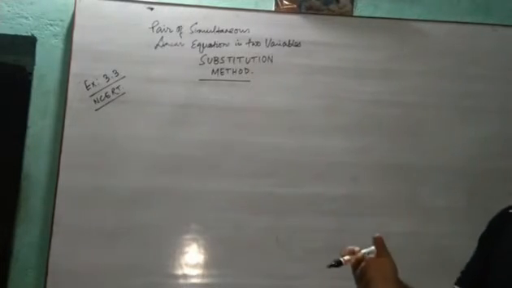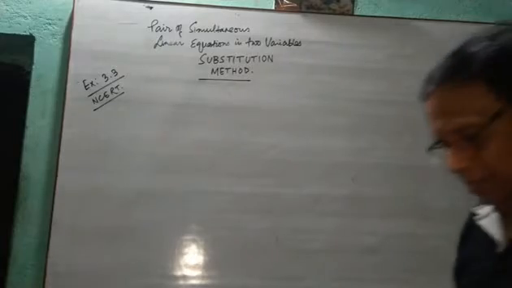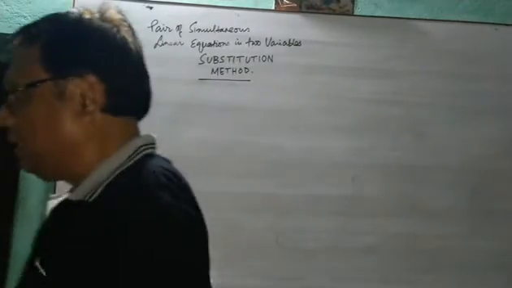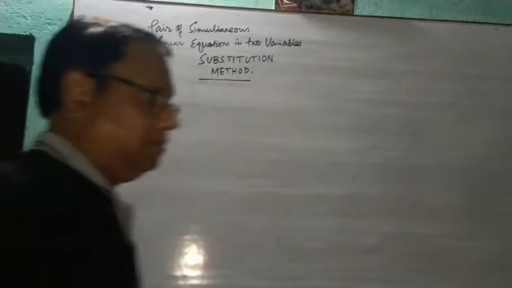I am just going through exercise 3.3 of NCERT, which deals with the substitution method. Now, a few questions I will explain, and I will try to make you understand what this substitution method means and how to solve the problems by substitution method.